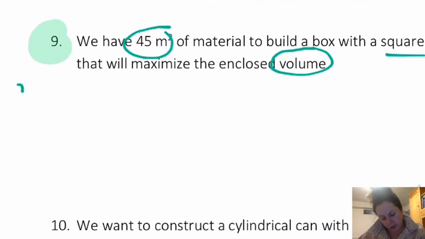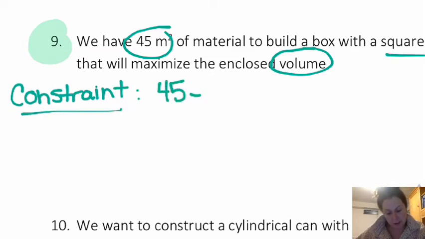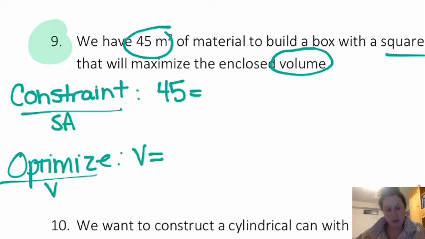So our constraint here is our surface area. 45 equals the surface area, and we'll come up with an equation for that in a second. We are optimizing volume, right? So this is surface area, this is volume. So I need an equation for volume.